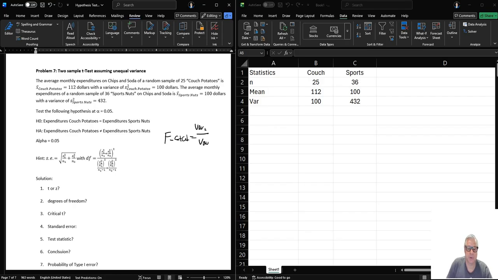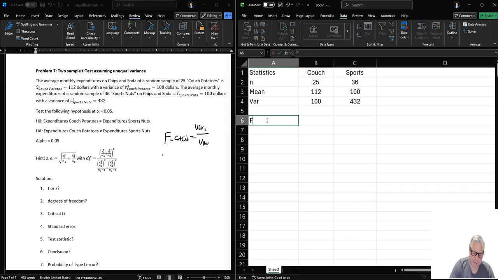So our F statistic that we test for in an F distribution, and an F distribution, you can think of it as also a right tail. And then we have an F test statistic. So what we do is we divide the greater variance by the lower one.